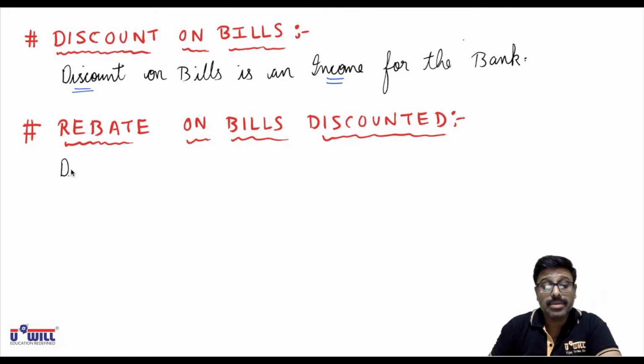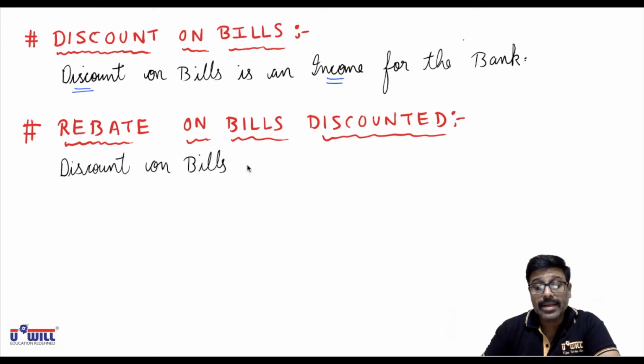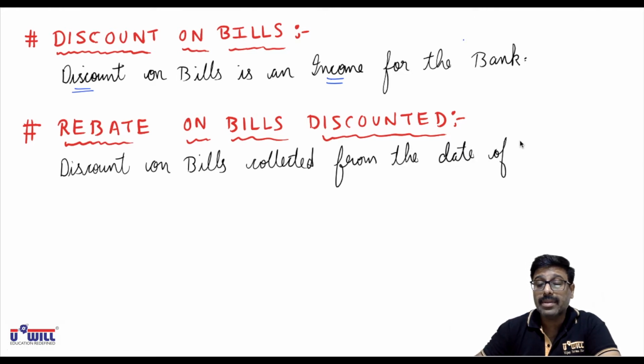Discount on bills collected from the date of year ending, that was 31st March, so 1st April onwards, okay? Next year's 1st April onwards.